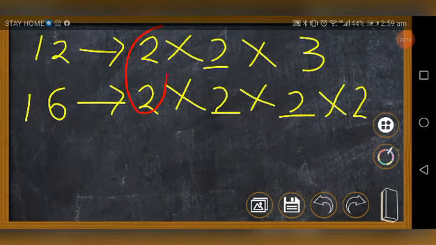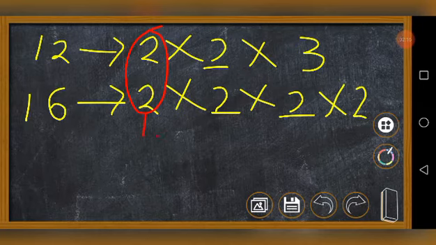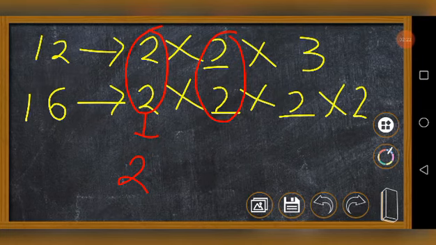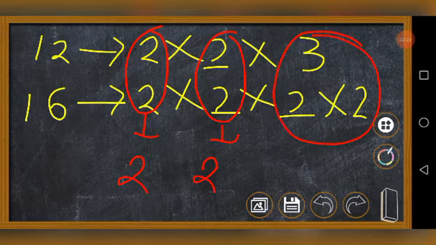So, the first common number between them is 2. We have to take only one 2, and another common number between 12 and 16, we have to choose only one, and all the remaining numbers, we have to choose them. So the LCM will be 2 times 2 times 2 times 2 times 3.